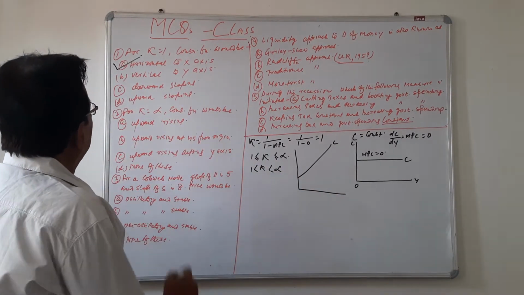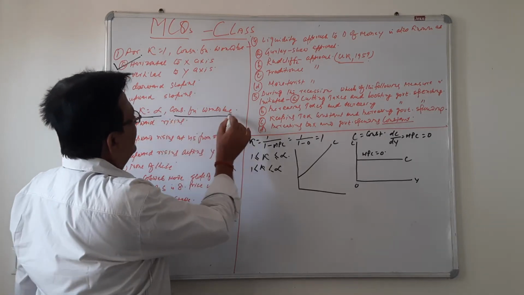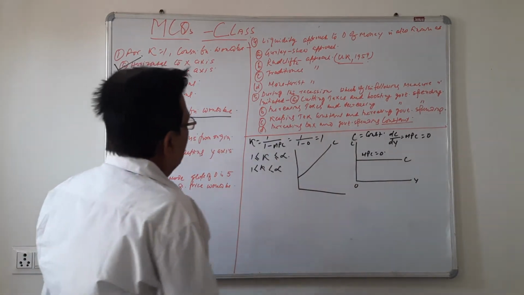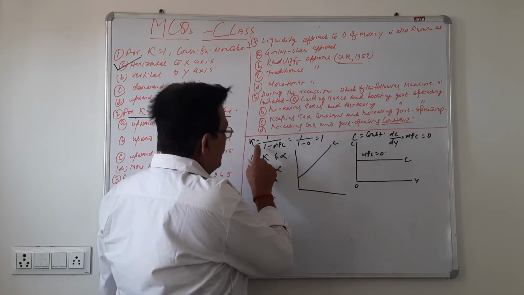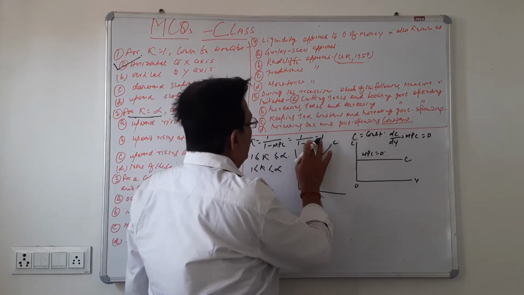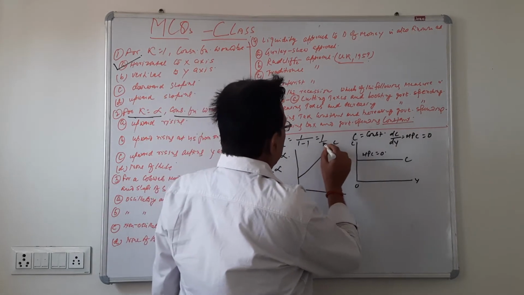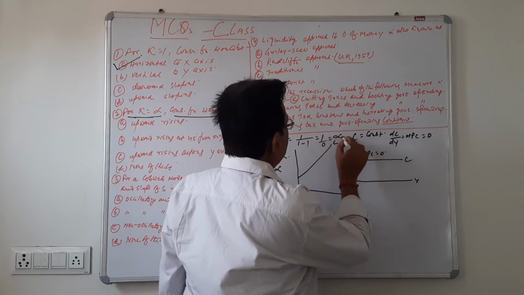Now, the second question is, for the multiplier to be infinity, what would the consumption function be? Very interesting. This multiplier would be infinity if MPC becomes 1. So the multiplier would be 1 by 0, and this is infinity.